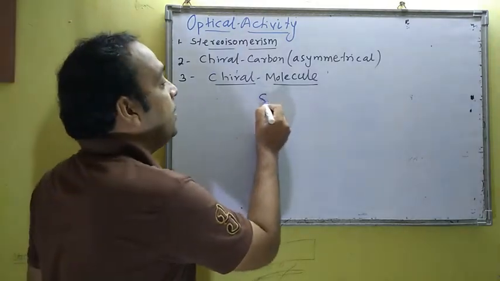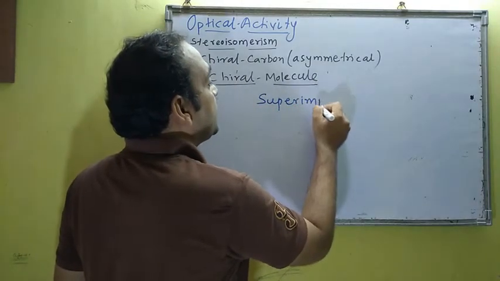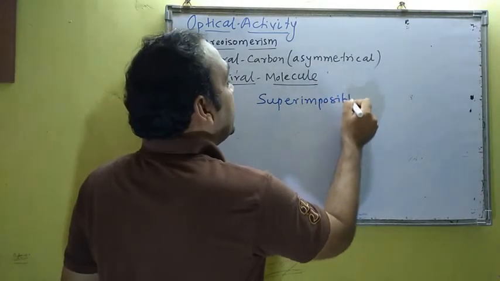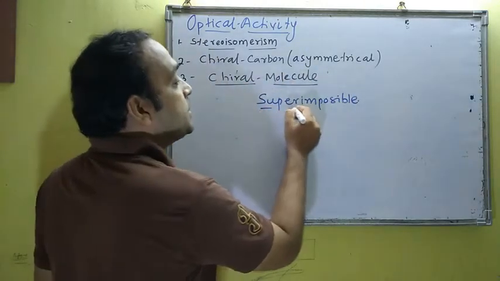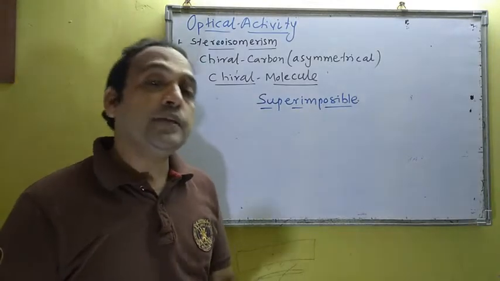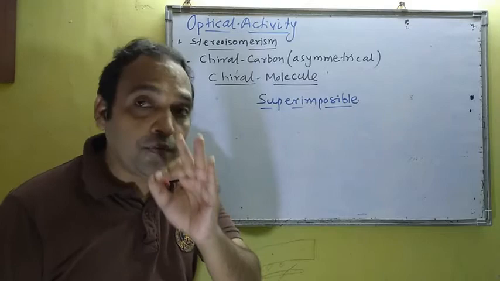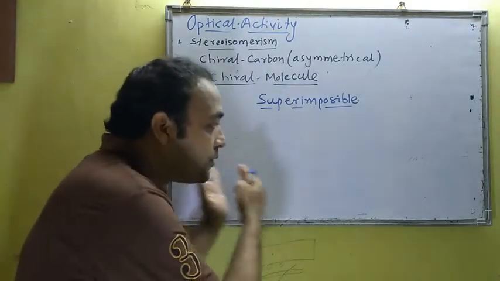Such a molecule cannot be superimposable perfectly on its mirror image, and such a molecule is called a chiral molecule. Let me revise, and I will explain with one example.